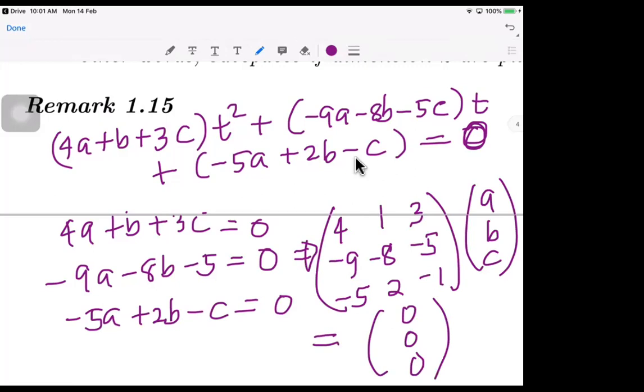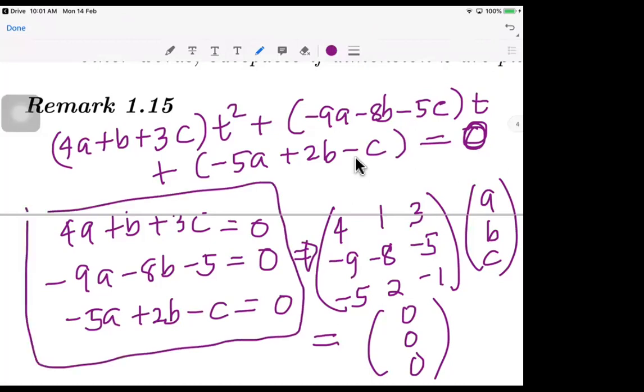So what you will do is solve for A, B, and C using elimination and substitution. Are you with me? Yes, ma'am. So you do elimination and substitution and try to obtain A, B, C.